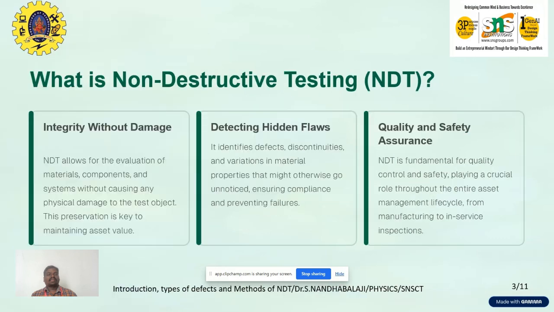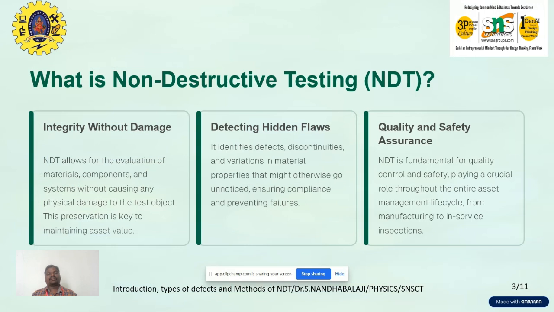Integrity without damage. NDT allows for the evaluation of materials, components, and systems without causing any physical damage to the test object. This preservation is key to maintaining asset value.